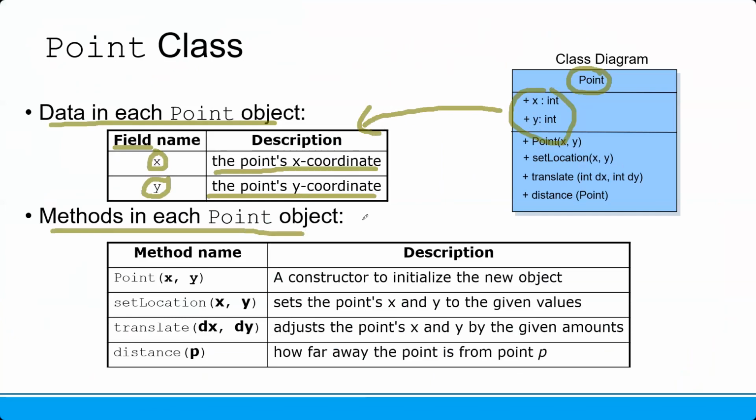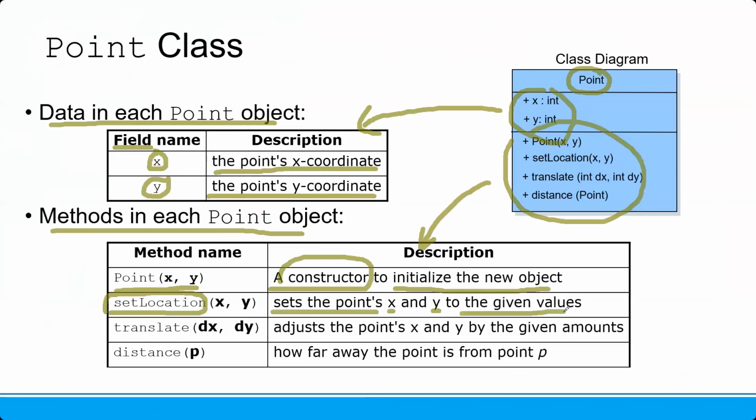What about the methods? The methods here, this is the description. Point X comma Y is a constructor. We will learn about the constructor later. It is to initialize the new object. And then this is a method, set location. It means we are going to set the point X and Y to the given values.